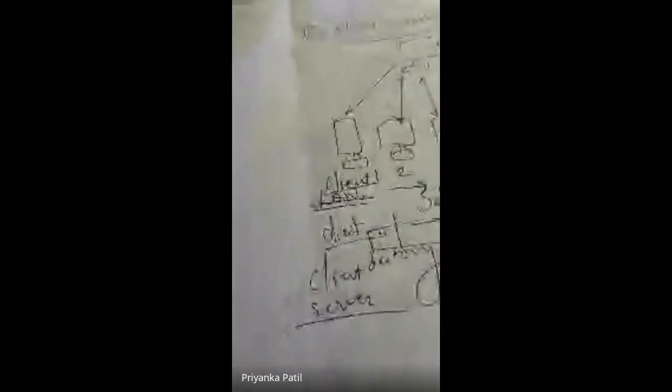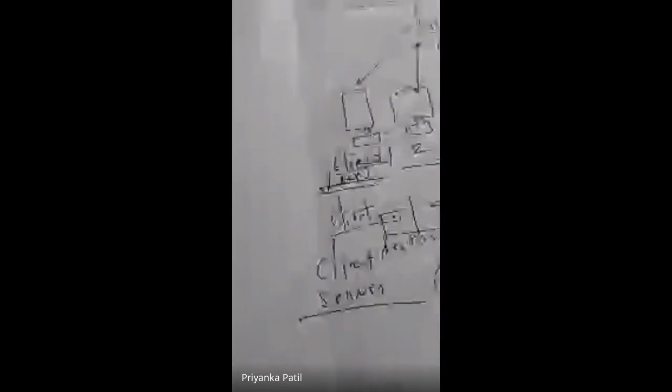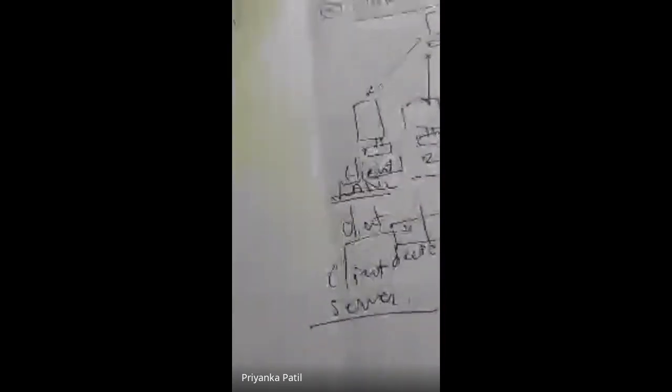If we consider the example of the Facebook application, the server is there for storing the information or the data backup of the Facebook application. If we want to access our profile, we enter the ID and password.